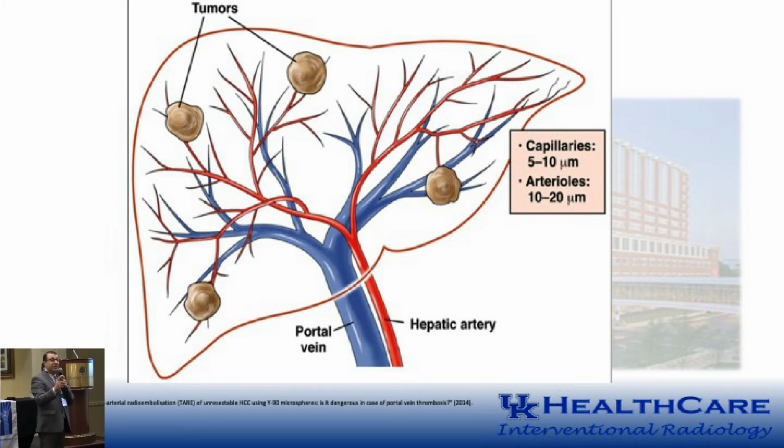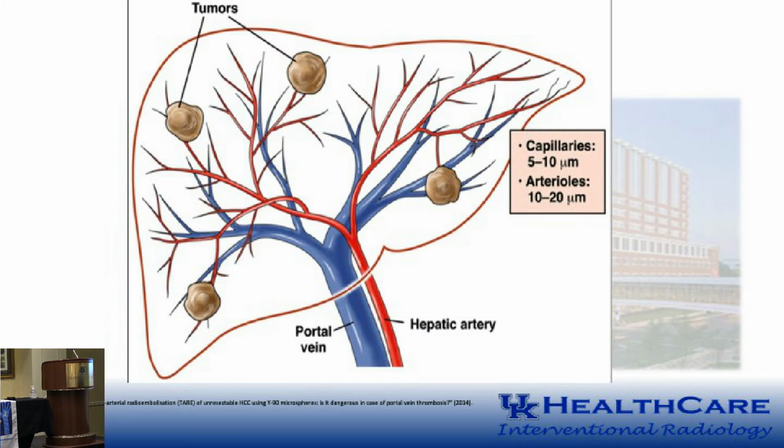Only the liver has this advantage: the liver gets two thirds of its blood supply from the portal vein. And as you can tell, it's bigger than the red, the artery.